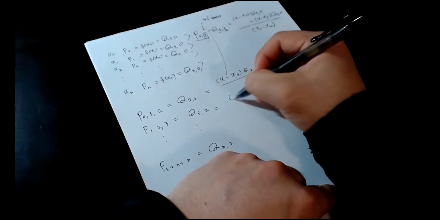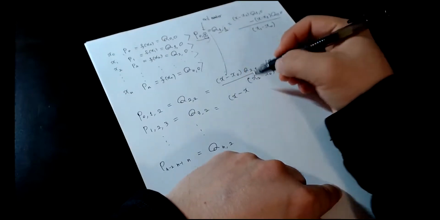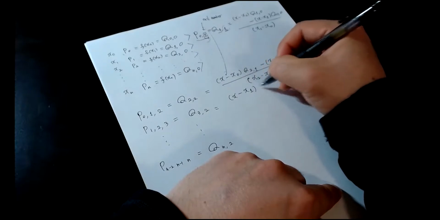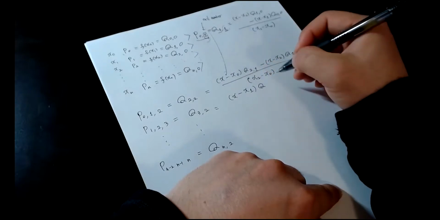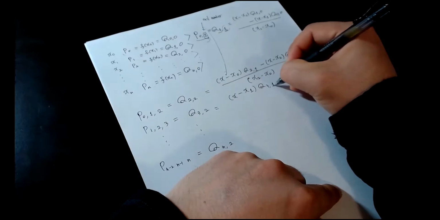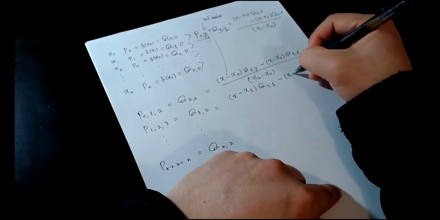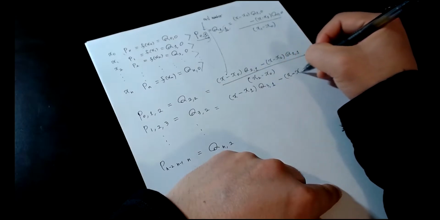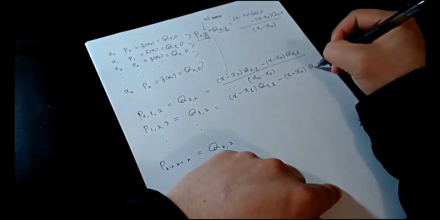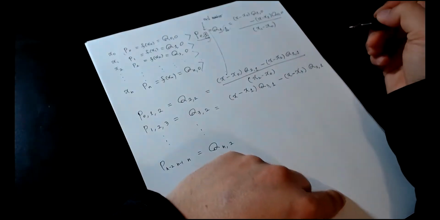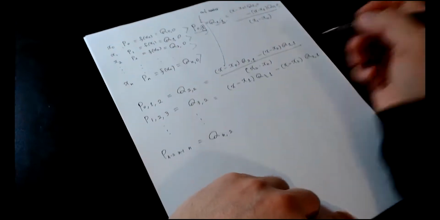And this is equal to x minus x1 times Q 3,1, minus x minus x3 times Q 2,1. Okay, why?